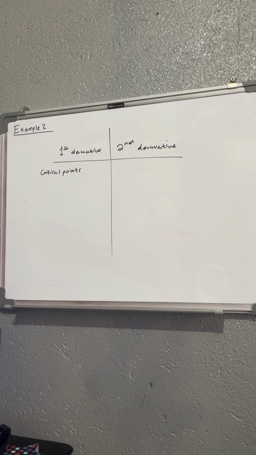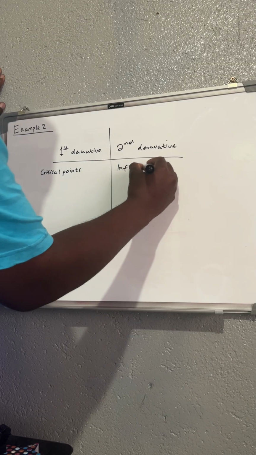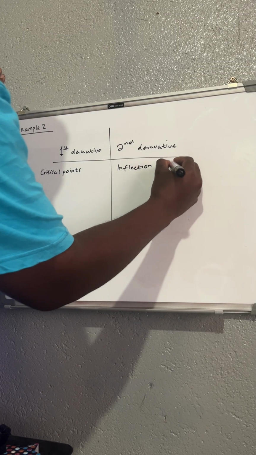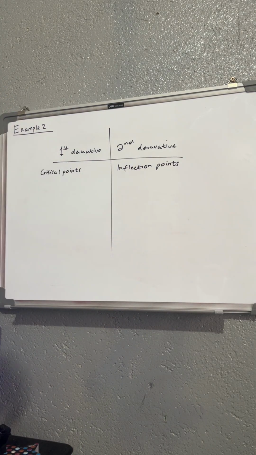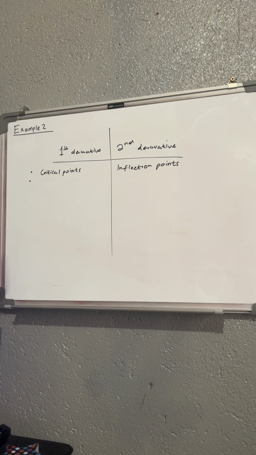Then when it comes to this side, they might tell you to find the inflection point. When they tell you to find the inflection point, that's when you're going to use the second derivative of that function. So in which instance again would you be required to use your first derivative?